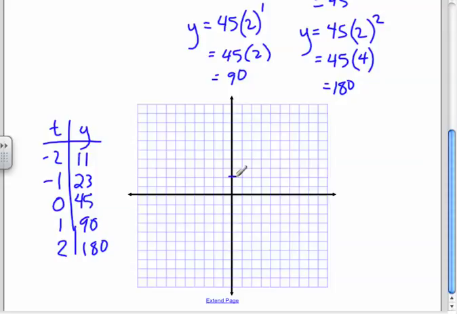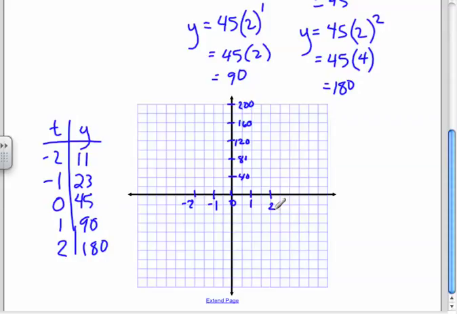So if this is going to be 40, this would be 80, this would be 120, this is going to be 160, and this is going to be 200, right? Okay, and then I'm going to let 2 units be a year. This is going to be a year ago. This is 2 years ago. This is right now. This is a year from now, and this is 2 years from now.